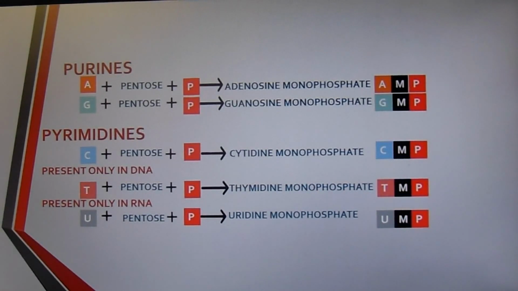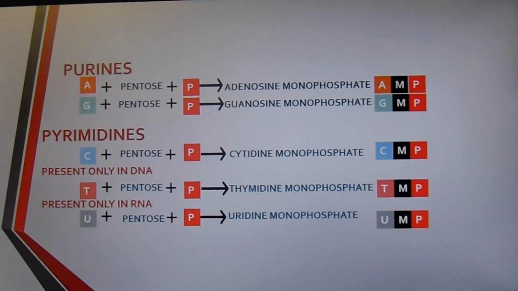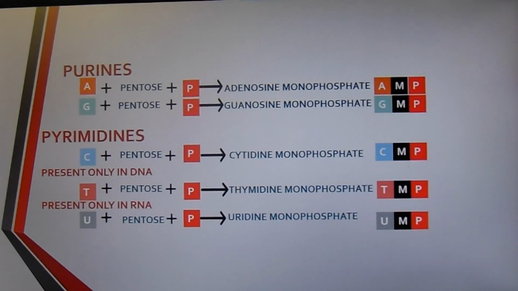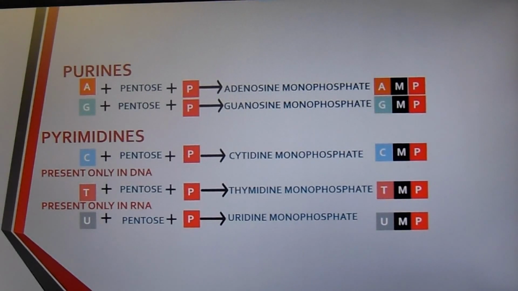While in RNA they are called adenosine monophosphate, guanosine monophosphate, cytidine monophosphate, and uridine monophosphate, and abbreviated as AMP, GMP, CMP, and UMP respectively.